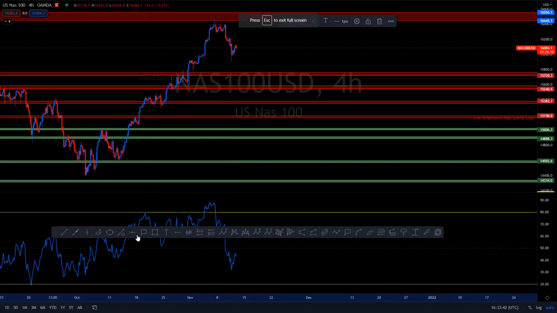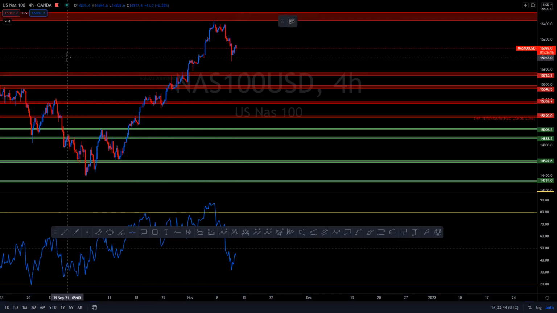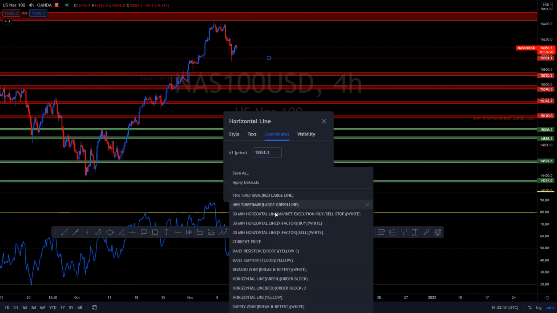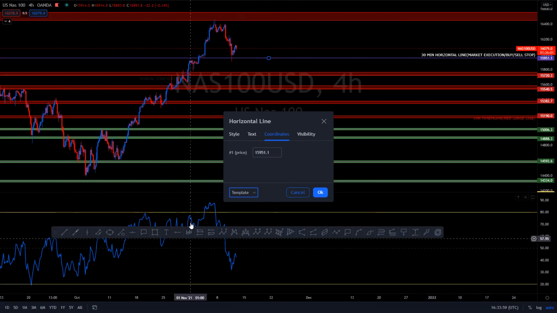And then we probably have another one here, maybe at this wick. So I'll draw a zone here. We want to make this white. Actually, we can make it purple. We'll do that.